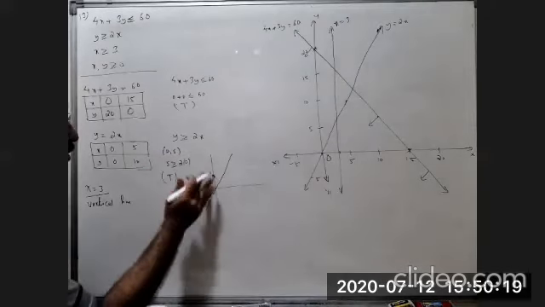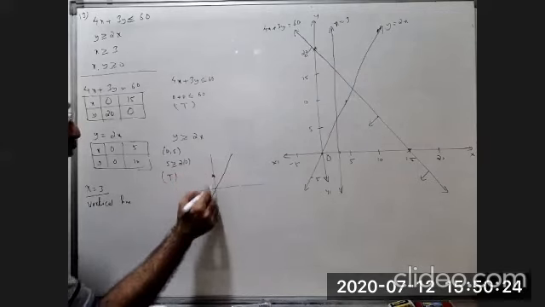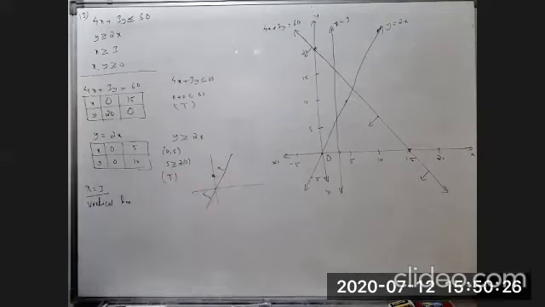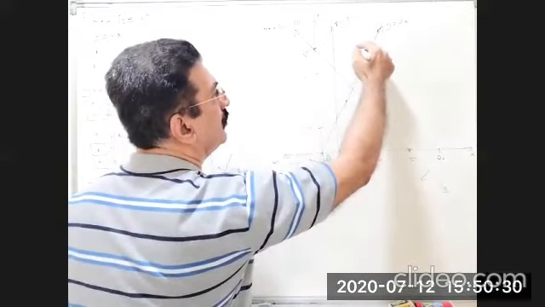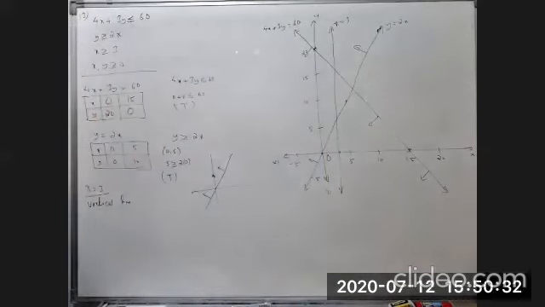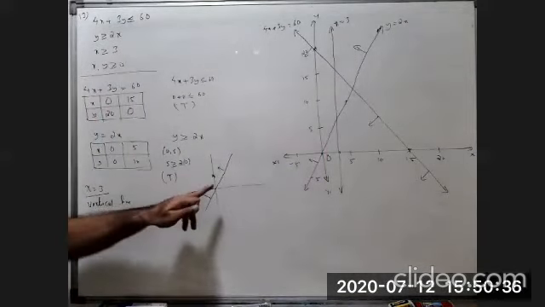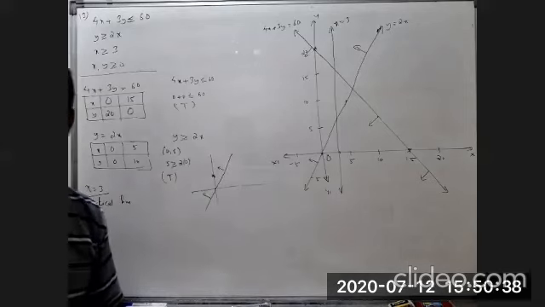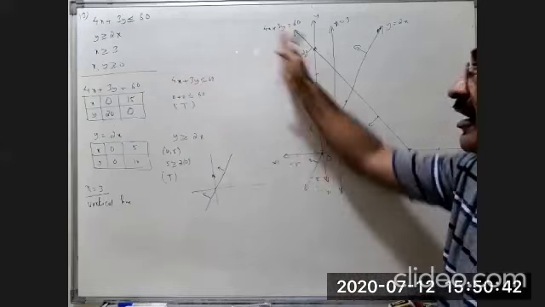So the half plane containing this point is towards left. See that? If the line is passing through the origin, we take a point. The rule is we can take any point, anywhere.